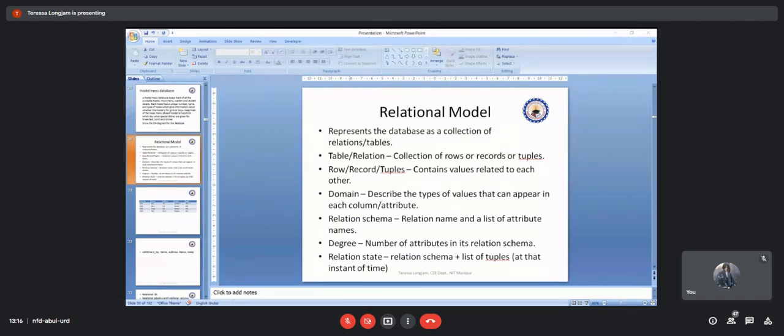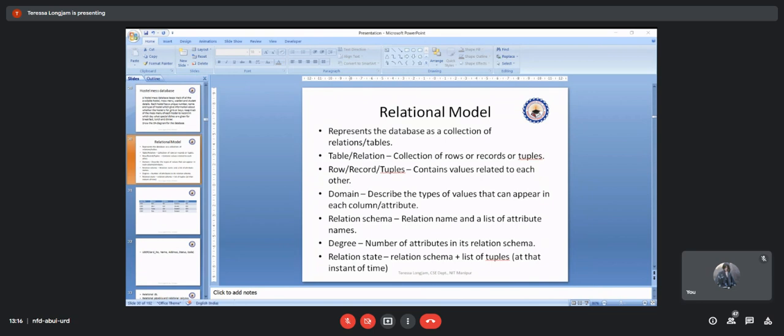Okay, so in an RDBMS, whatever database we have will be represented by using relational models. That is why this kind of database management system is known as RDBMS.